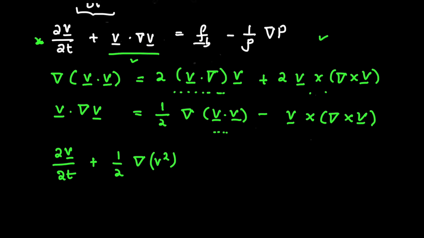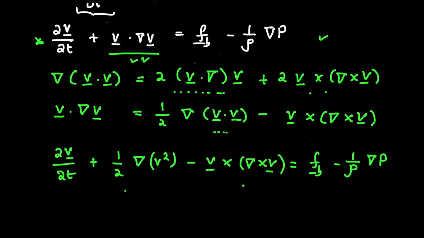Trust that you guys can appreciate that. Minus v cross del cross v, right? So now I've substituted this whole portion with this right here. Then that still equals the body force field minus 1 over the density, then del P over here.